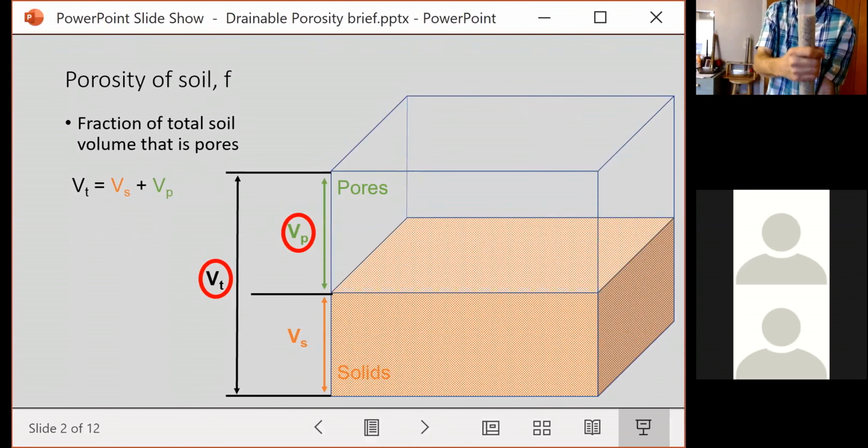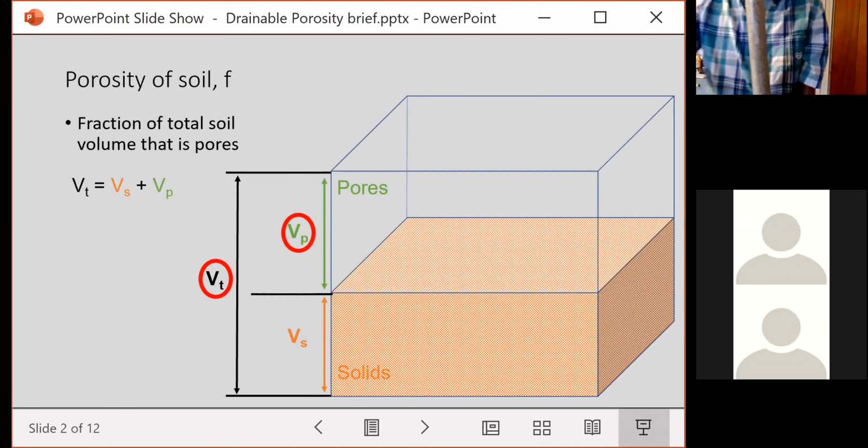We've talked about the difference between sizes of particles and sizes of pores. So these are relatively large pores. Now, if I want to know the porosity of the soil, that's the volume of the pores in this soil relative to the total volume that soil occupies. So that includes both air and water.